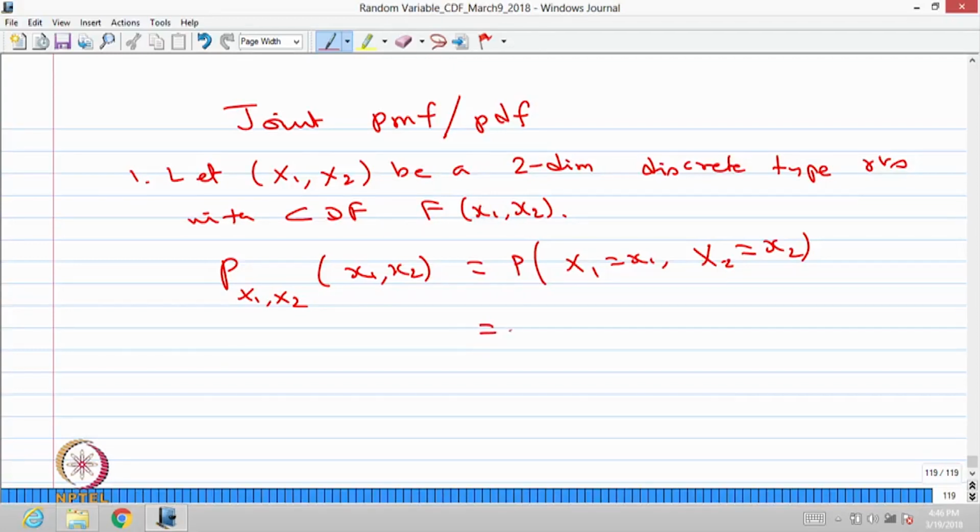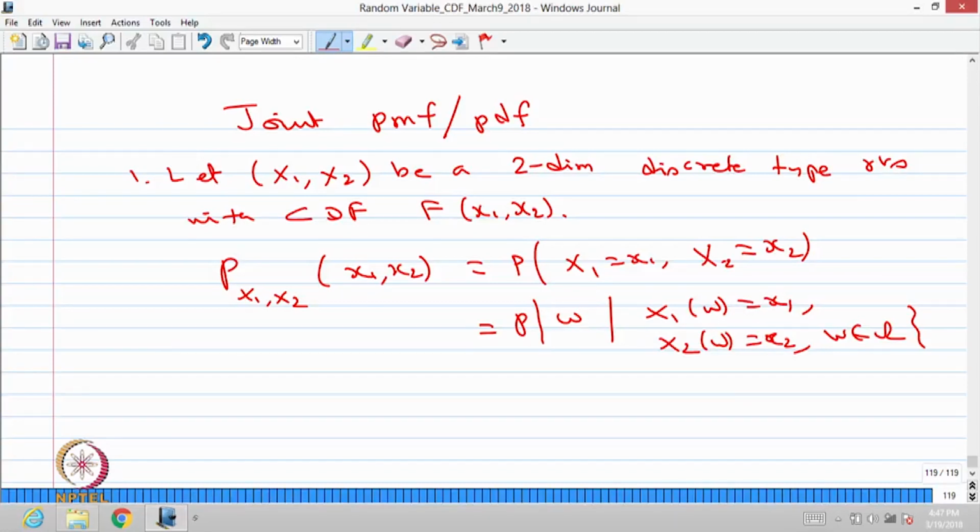This is nothing but the P of collection of W such that x1 of W is equal to x1 and x2 of W is equal to x2 and W belonging to omega. That means this is an event, collection of possible outcomes satisfying this event. So, P of this event, that is a probability of an event satisfying this condition.